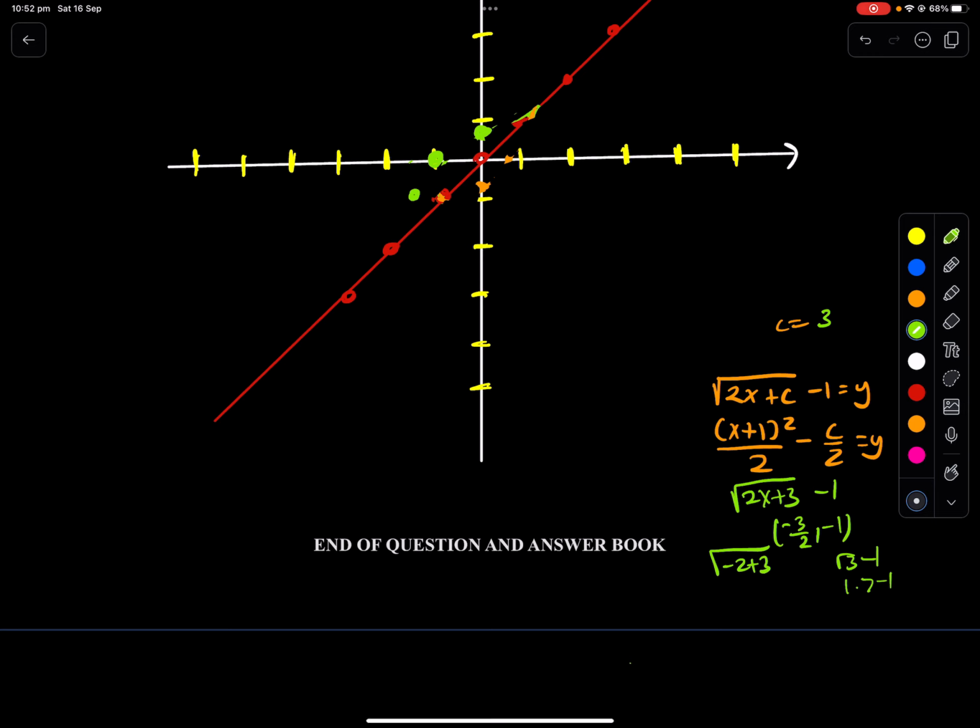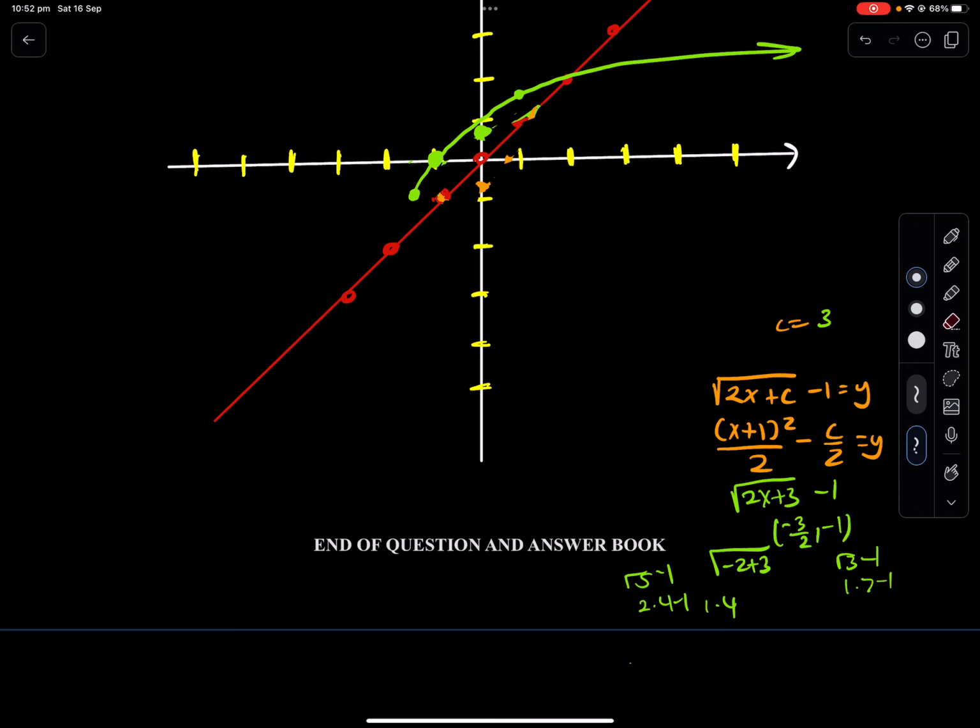And what about just 1? If we sub in 1, root 5 minus 1, which would be like 1.4, let's say 1.5, safe. It will look like this.